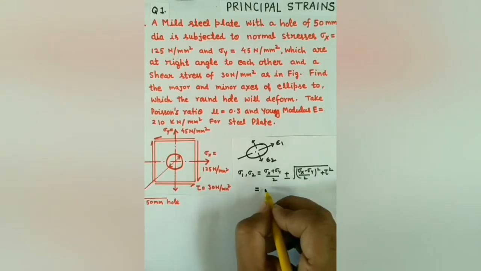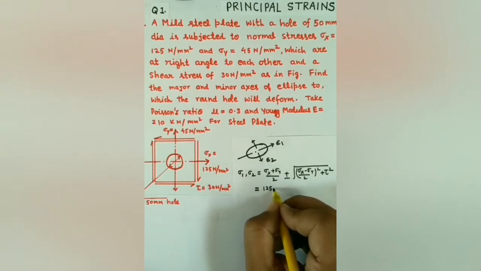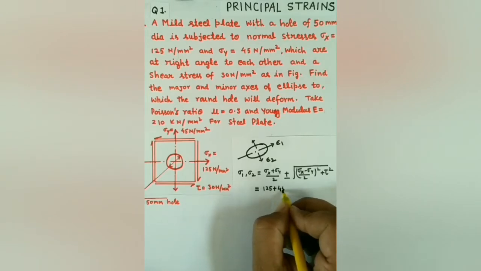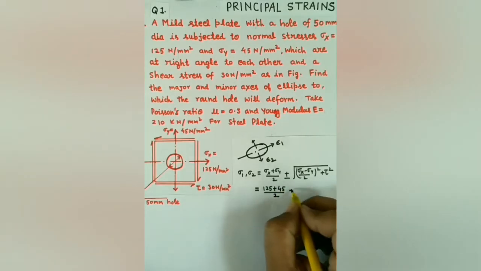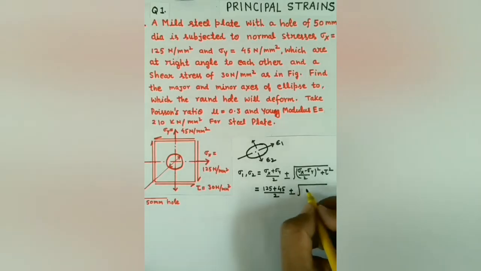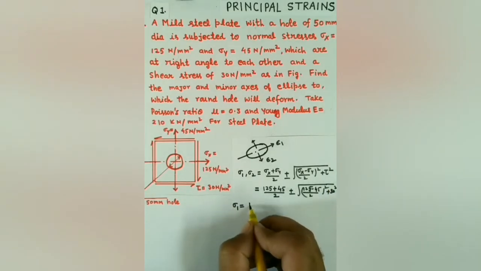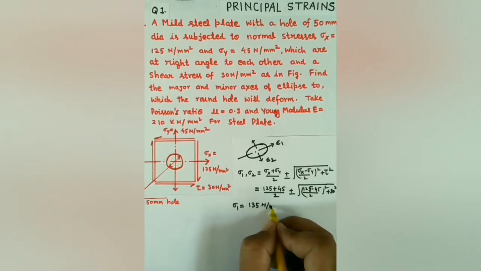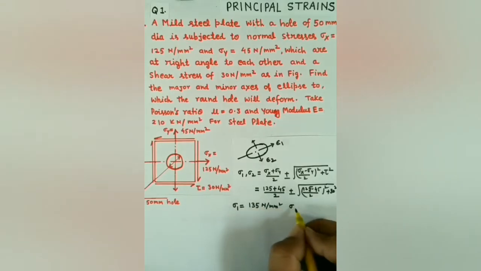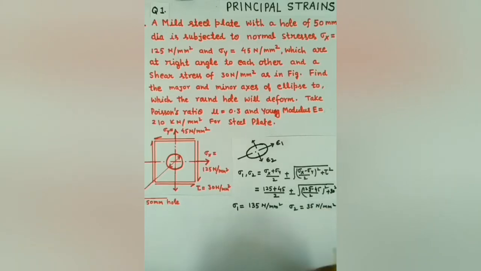Substituting the values given, sigma x equal to 125 and sigma y equal to 45, and solving for sigma 1 and sigma 2, we get the values. Sigma 1 is equal to 135 Newton per mm square and sigma 2 is equal to 35 Newton per mm square.